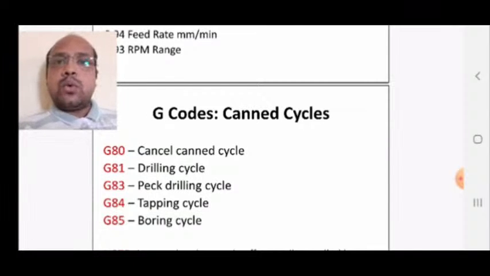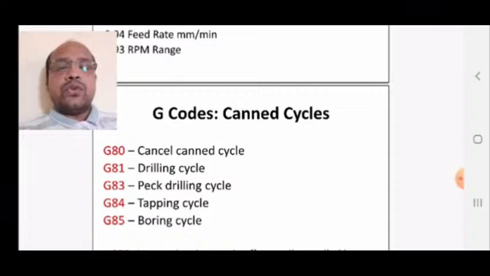There are some G codes used for canned cycles that I am explaining here. First is G81, just see line number 2, which is the drilling canned cycle. G83 is the peck drilling canned cycle, G84 the tapping canned cycle, and G85 the boring canned cycle.